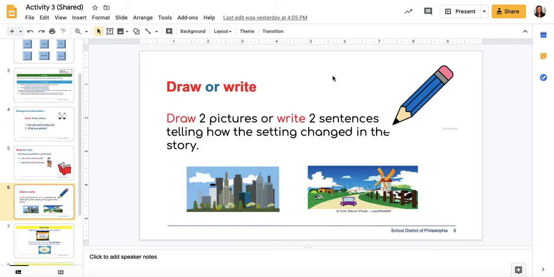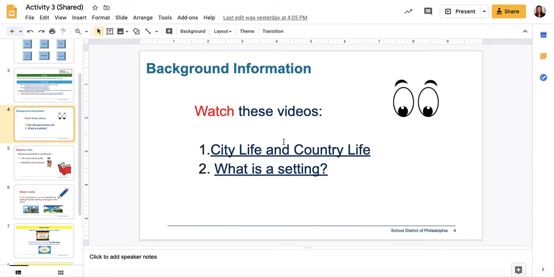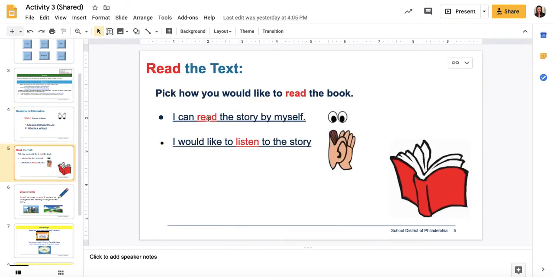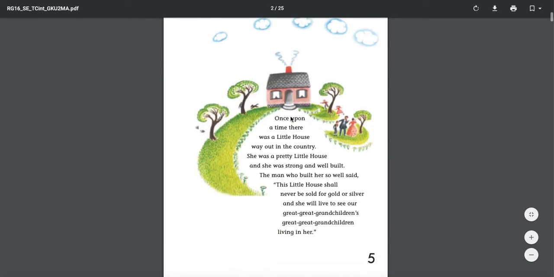So hopefully you got a chance to reread the text, The Little House, or at least flip through and do a picture walk. And I want you to go back into your text and look at the setting of the story, and I'm going to bring my text up too, so you can watch with me, or if you have the text in front of you, you can use yours.